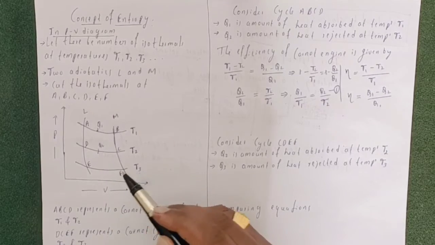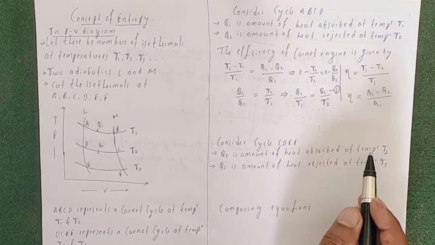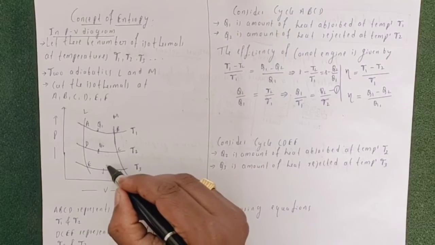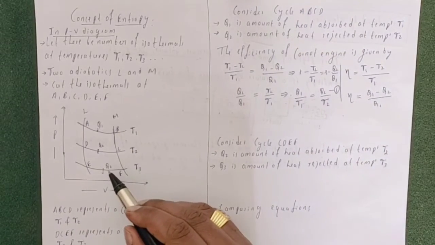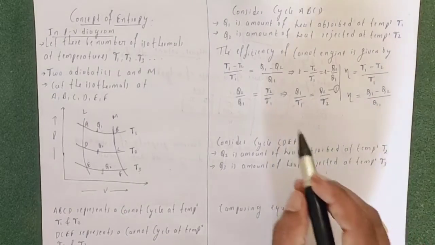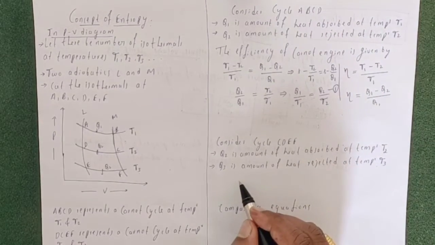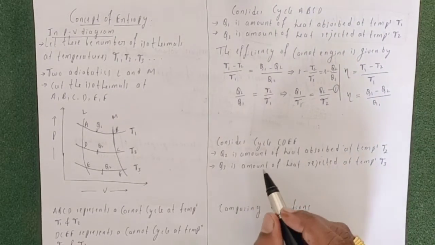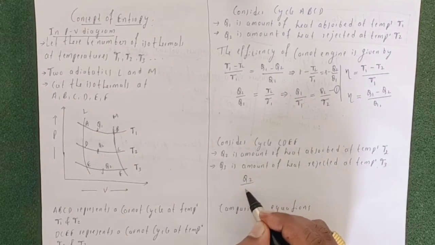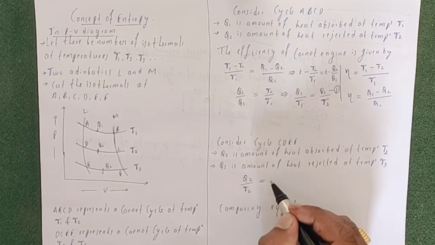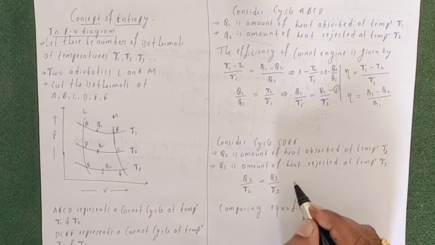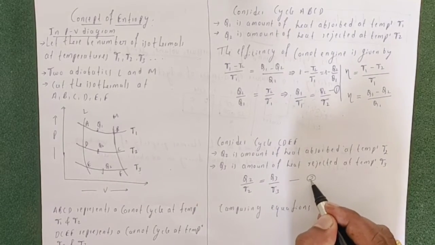Here the amount of heat absorbed at temperature T2 is Q2, and the amount of heat rejected by the system is at temperature T3. Again from the above equation we can write the efficiency equation as Q2 divided by T2 equals Q3 divided by T3. Let us denote this equation by 2.